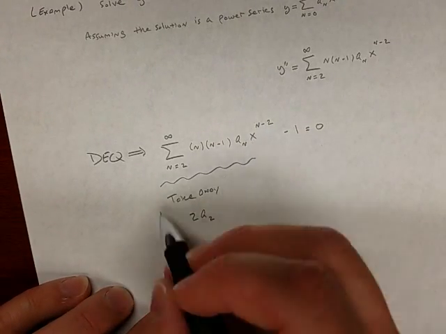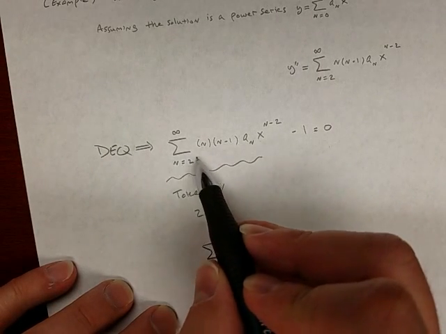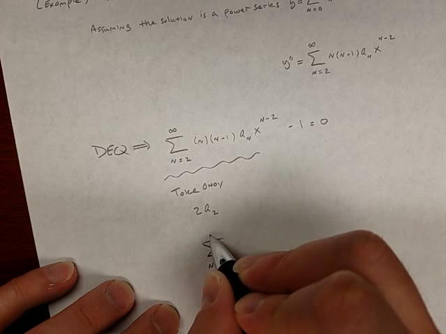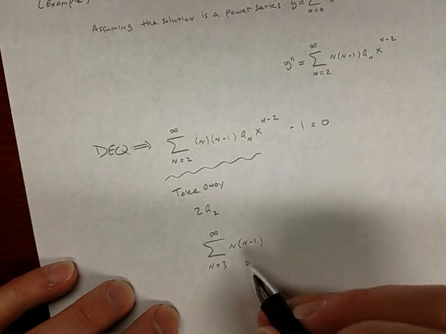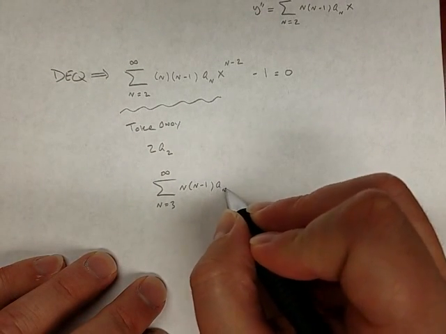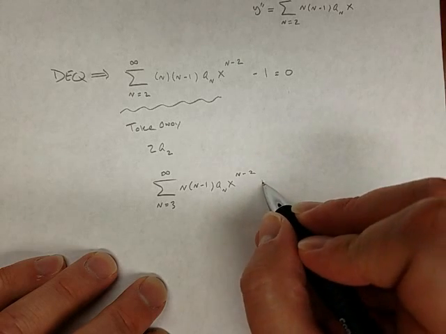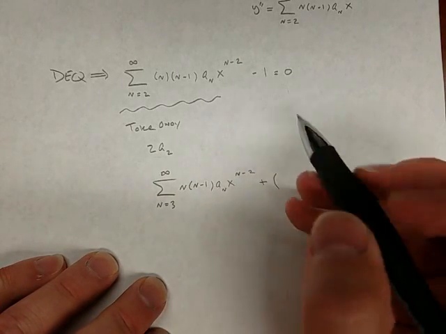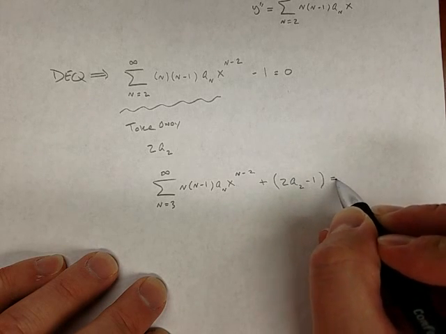So here goes. If we take that away, what's it going to look like? If you take away this first term, then you'd pick up from here at 3. So n is equal to 3 to infinity, and that's not going to change how you get the other terms. It's still n times n minus 1, a_n, x to the n minus 2, plus, okay, that's a constant, and so is the 1, so 2a2 minus 1.